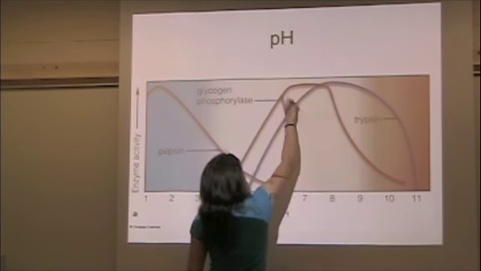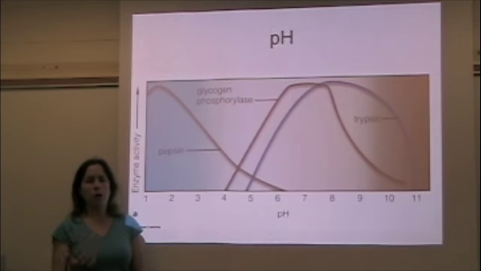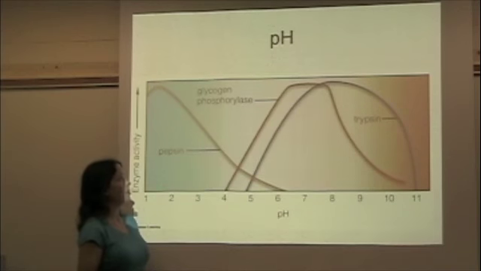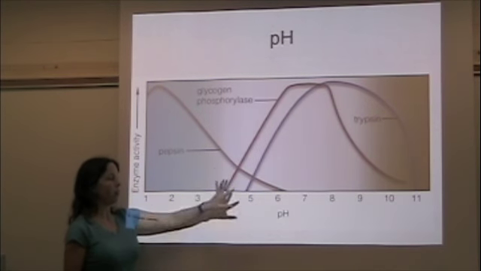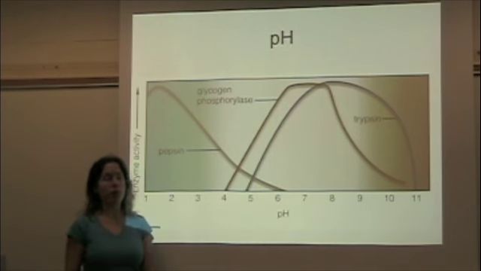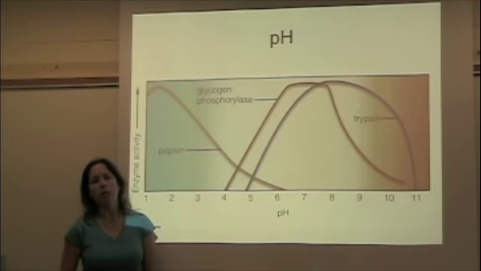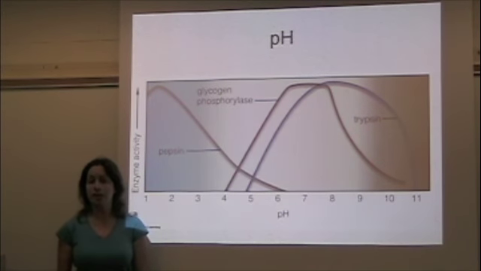However, right in the mid-range at about a neutral pH, the enzyme works great, and we have the most enzymatic activity. Now, not all enzymes fall into the 6 to 8 normal ideal pH range. You can see here we have pepsin, which is actually a stomach enzyme, and your stomach is very acidic.